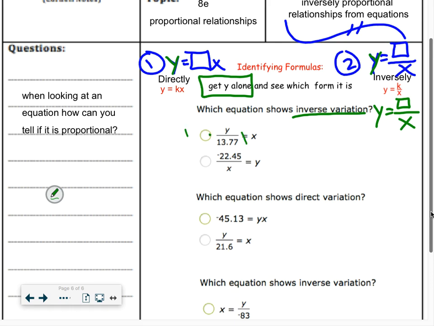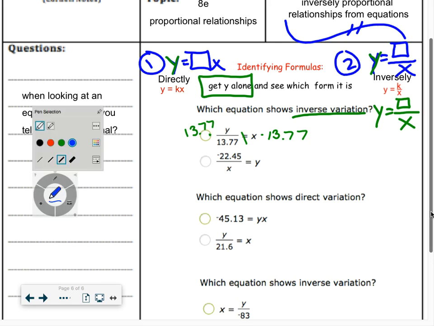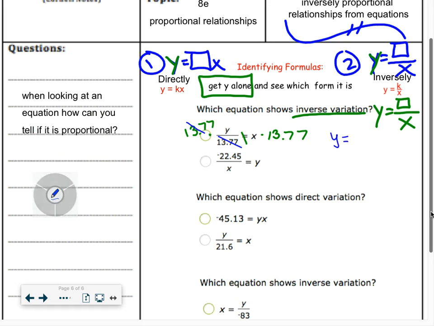Multiply by 13.77 to both sides, because algebra is about that balance. Then the 13.77 cancels out, and I get y equals, put your constant in front of x. That's just proper math etiquette. 13.77x. This is direct, because it's something times x. So it's not that one.